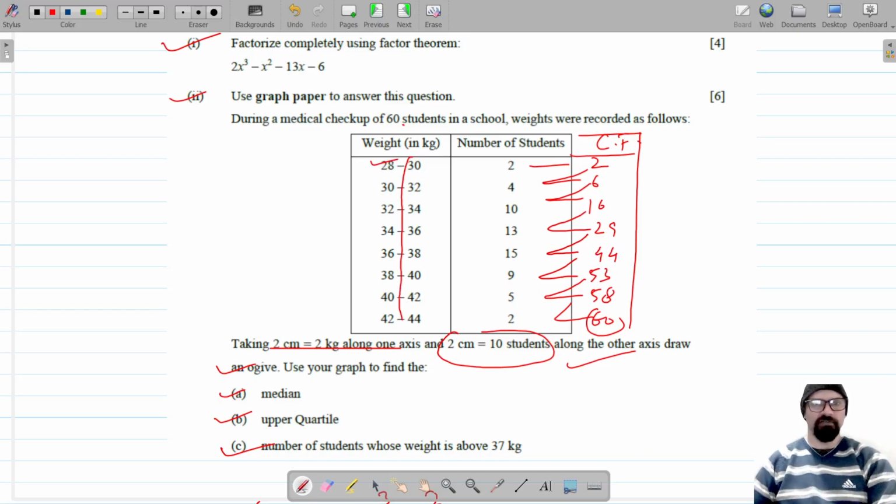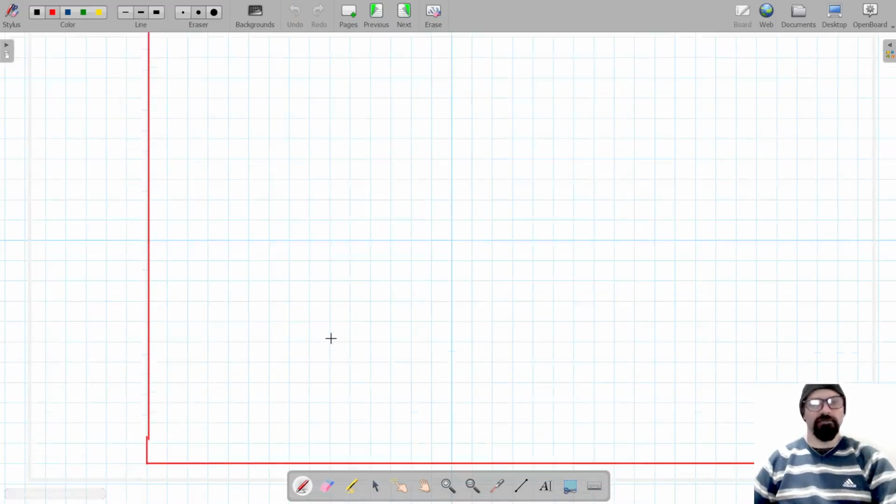Let's take the upper limits of these classes on the horizontal axis. The vertical axis will represent the cumulative frequency, in number of students. So let's take the horizontal axis as the weight in kg.